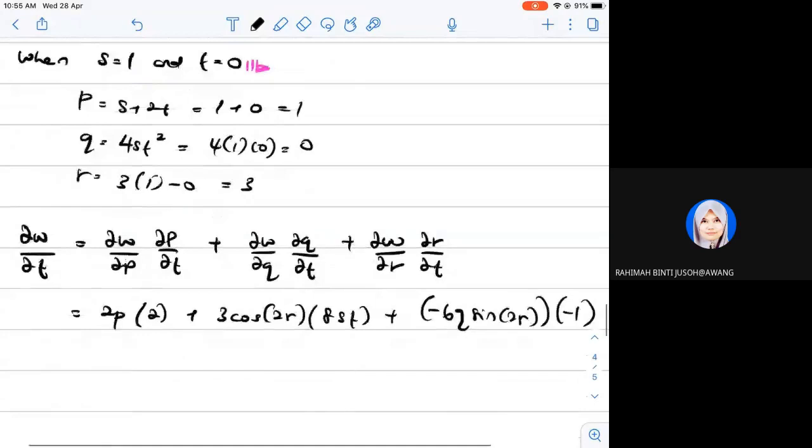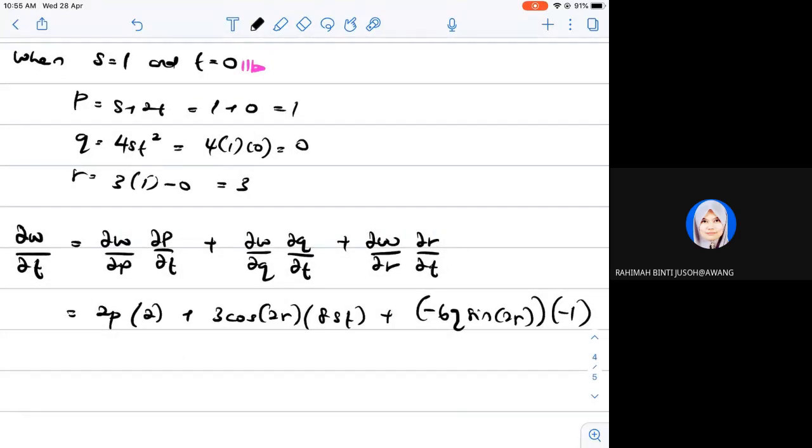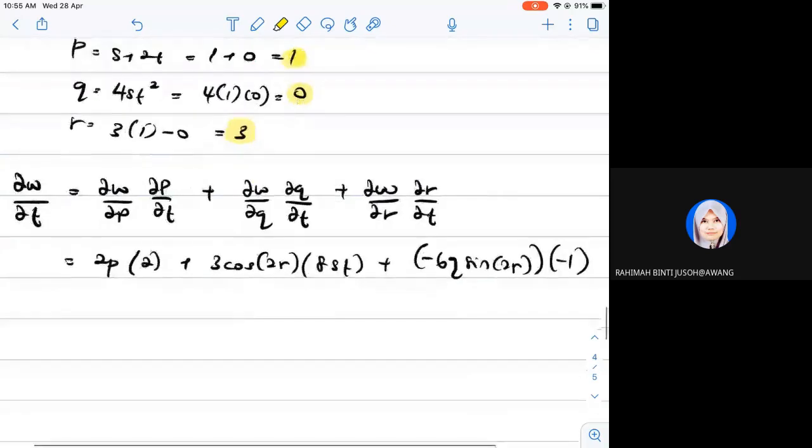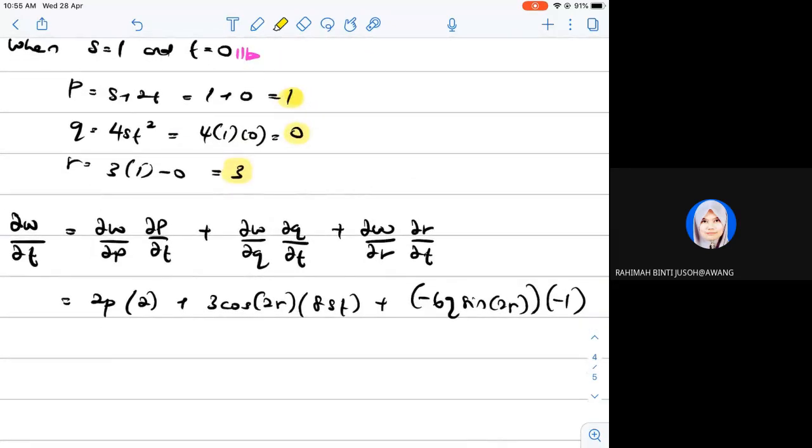So you just replace the values of P, Q and R with the values we already calculated, 1, 0, 3. The values of P, Q, R when S and T equal 1 and 0. So just substitute the values. We will get 2 times 1 times 2 plus 3 cos 2 times R. R equals to 3. So 2 times 3 times 8 times S. S equals to 1. T equals to 0. So this is 0.